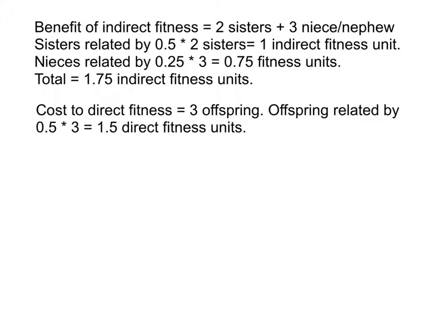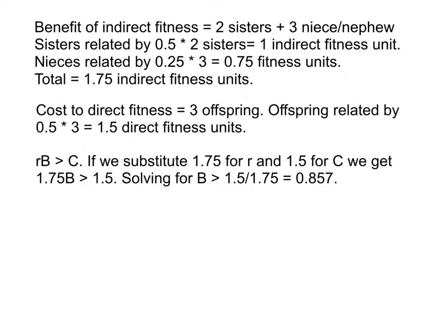And then question 1B asks, what are the benefits of helping raise 2 sisters or saving 2 sisters and 3 nieces and nephews? And so the inclusive fitness, which is actually indirect fitness, is equal to 1.75. So the equation now looks like this. Solving for the equation, r times b is greater than c.